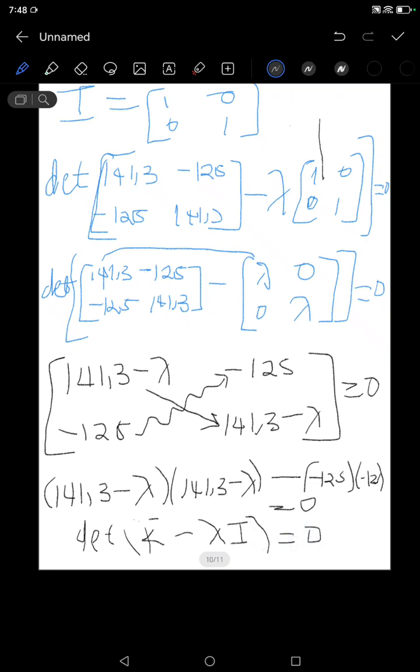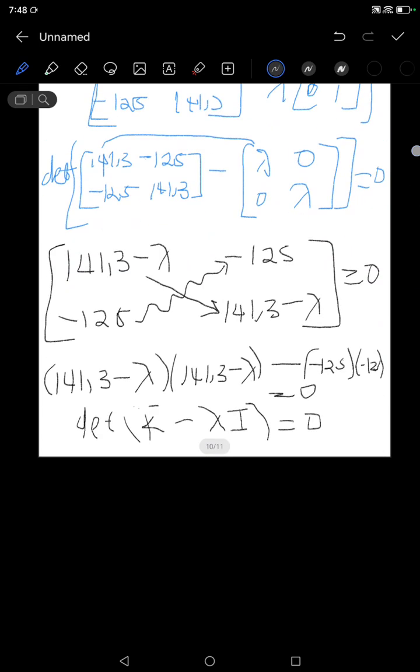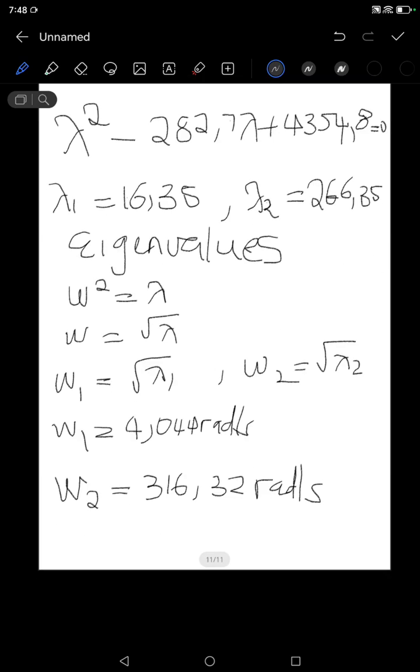After substituting, you do the determinant and then get the eigenvalues, lambda 1 and lambda 2, which we call eigenvalues. And then this w, we call natural frequency. When they say determine natural frequency, you use the determinant formula, which is the determinant of the normalized stiffness minus lambda I. Okay, this is a natural frequency.